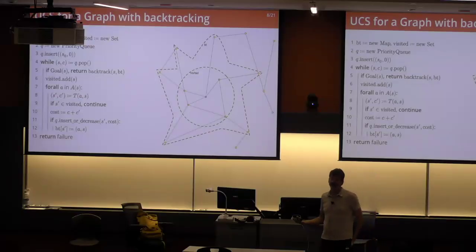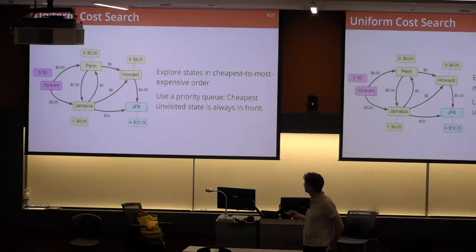But we may have already found a route to this location, right? Just like in this example, if I looked at Penn Station first, I think it cost $6.50 to get there. But if I go look at Jamaica next, and I go back and look at this, I'm like, oh, I found a cheaper route to get from Yonkers to Penn Station than I thought before.